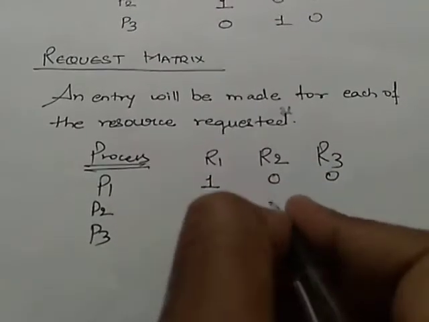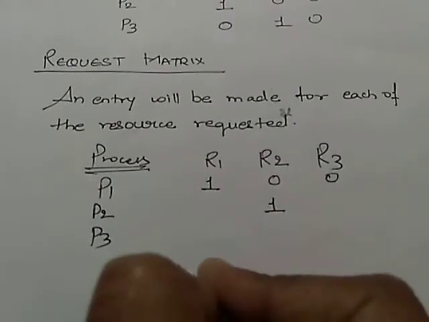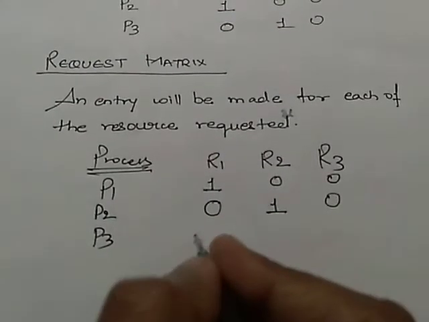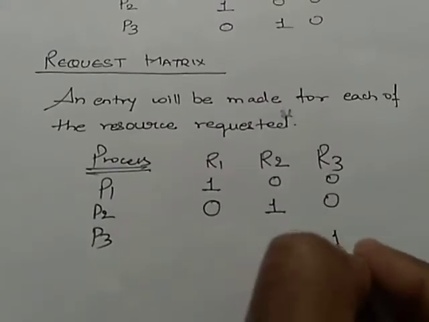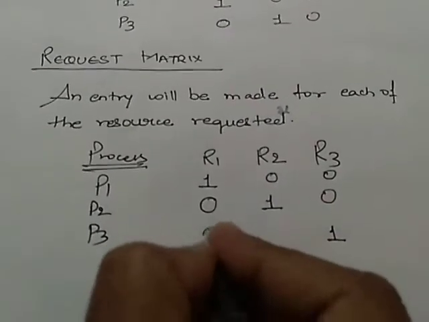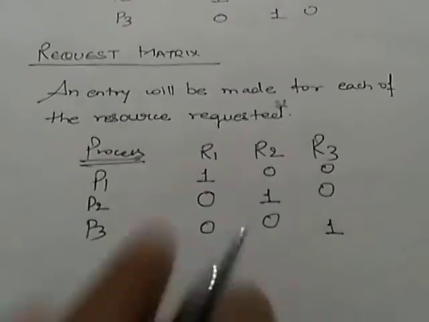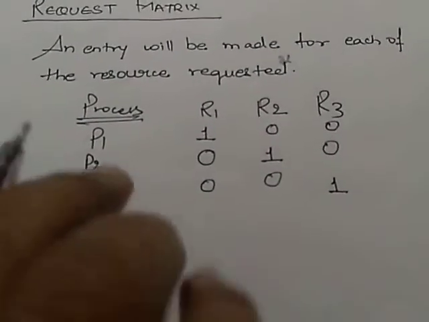P2 is asking for resource R2, we have to put 1 here and 0 and 0. And P3 is requesting resource R3, so we have to put 1 here and 0. This is the request matrix.